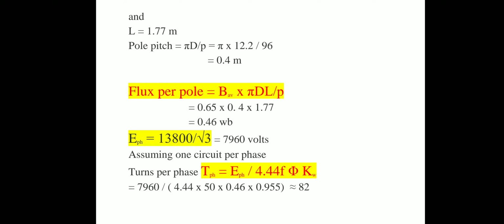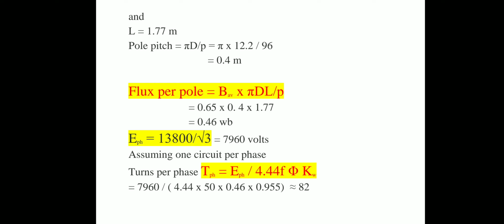E phase is equal to 13,800 upon root 3. It is coming 7,960 volts. Now let us assume one circuit per phase. So turns per phase Tph is equal to Eph upon 4.44 f phi Kw.